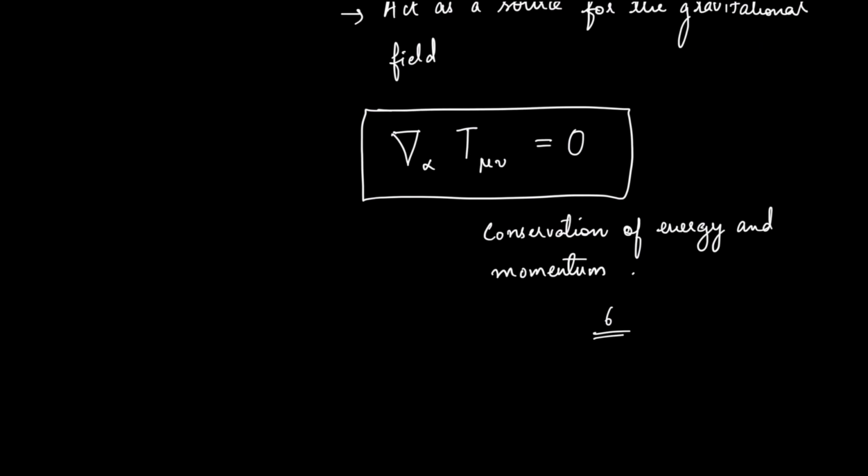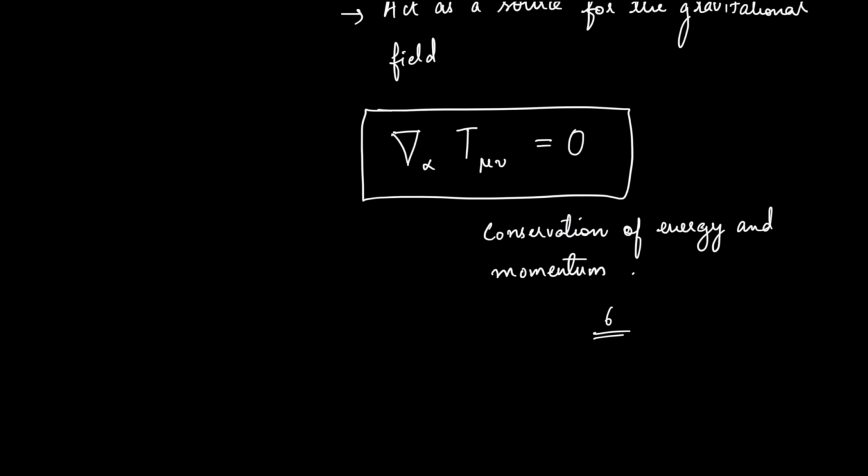Therefore, we have to find a tensor with the same properties as the Ricci tensor, which at the same time also satisfies the covariant conservation law. Einstein addressed all these problems with some trial and error, and he finally arrived at a tensor known as the Einstein tensor, which I can equate to the energy momentum tensor.